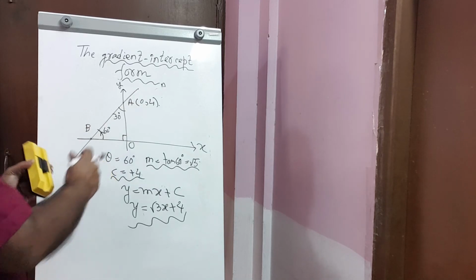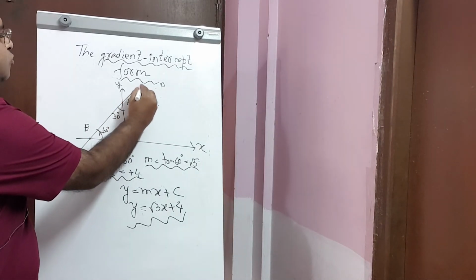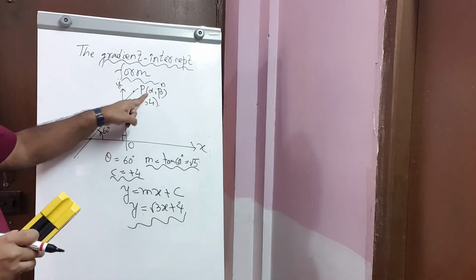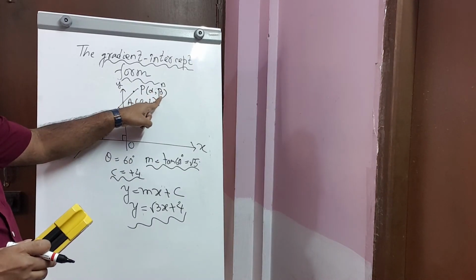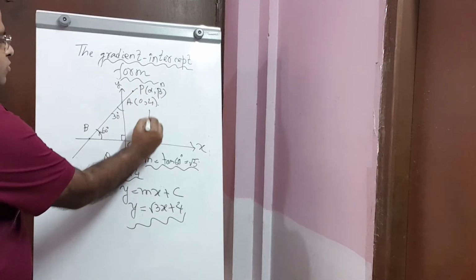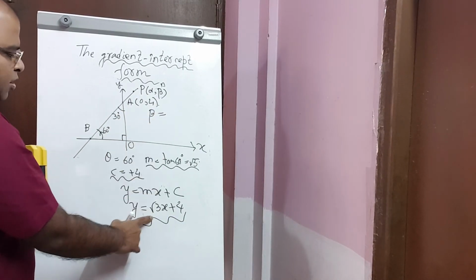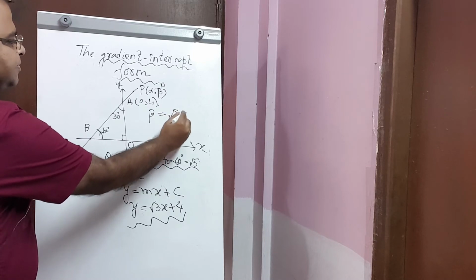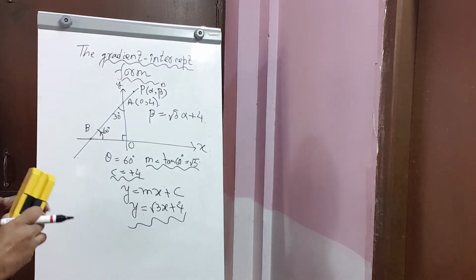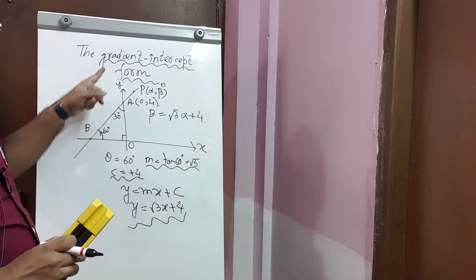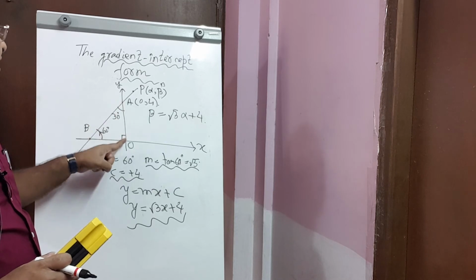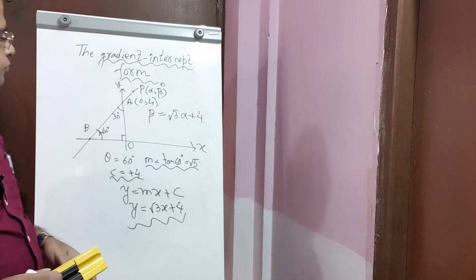So whenever you take a point on this line, say if I choose a point (alpha, beta), then alpha being the abscissa, beta being the ordinate, they will satisfy this relation, that is the ordinate value beta is given by √3 times the abscissa value alpha plus 4. So this is how to find the equation of an oblique line whose angle of inclination and y-intercept are known.